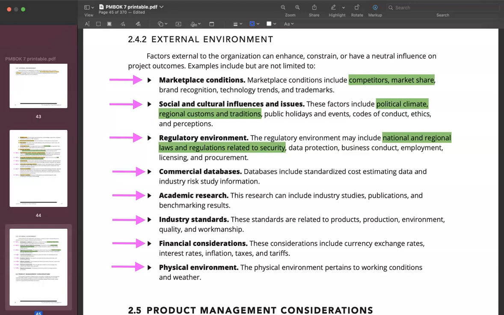So the type of weather and the type of climate that's there, that also has an impact on the project that you're doing, right? Many projects are physical and they are not only digital. So the weather conditions do have an impact, or the physical environment does have an impact on the physical product as well.